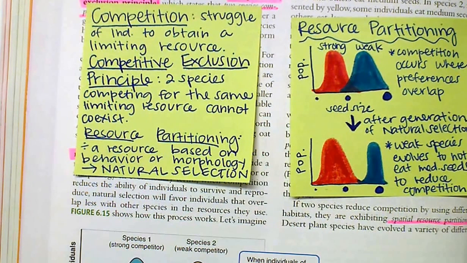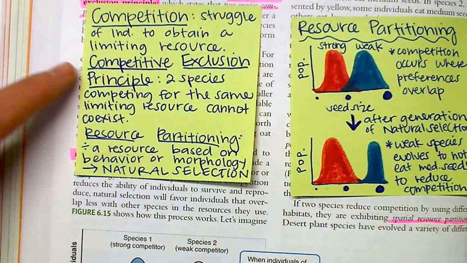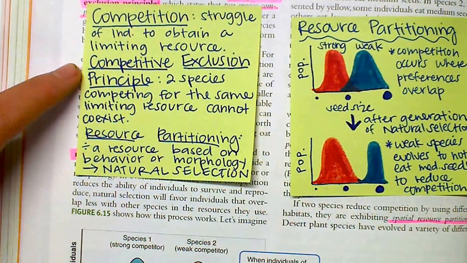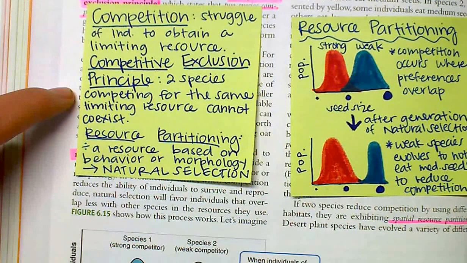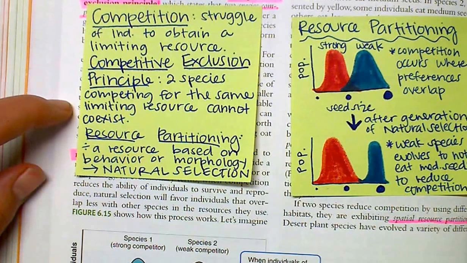Ecologists have come up with the competitive exclusion principle, which states that 2 species competing for the same limiting resource cannot coexist. So the experiment that we just saw supported this principle: if 2 species need the same things, one's going to outcompete the other.